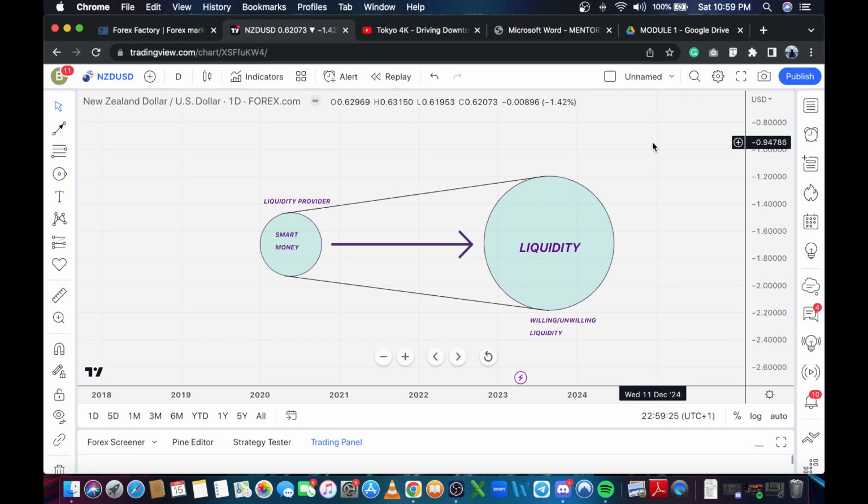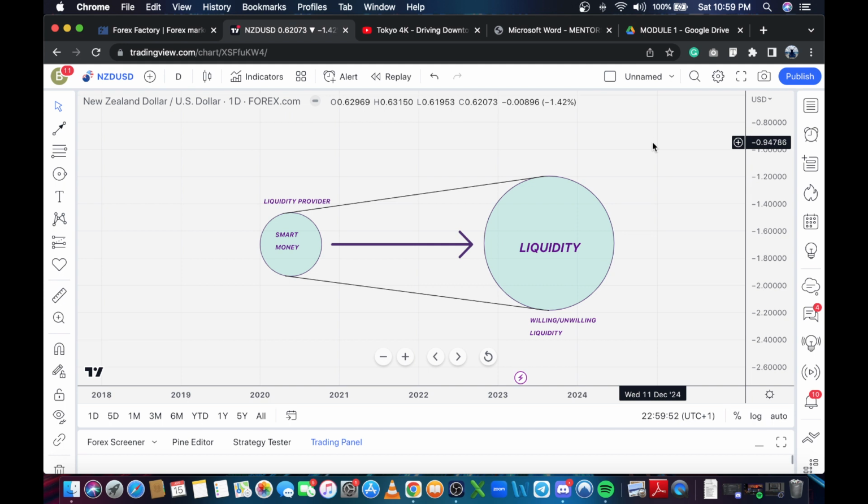The company sets the price because they create the product, and that's the same thing with the asset you're trading. Who sets the price for that asset you're speculating? The central banks, because they own the asset, since they provide the asset. Do you understand what I'm saying? Without the Federal Reserve, you're not getting dollars. Without the Bank of England, you're not getting British pounds.